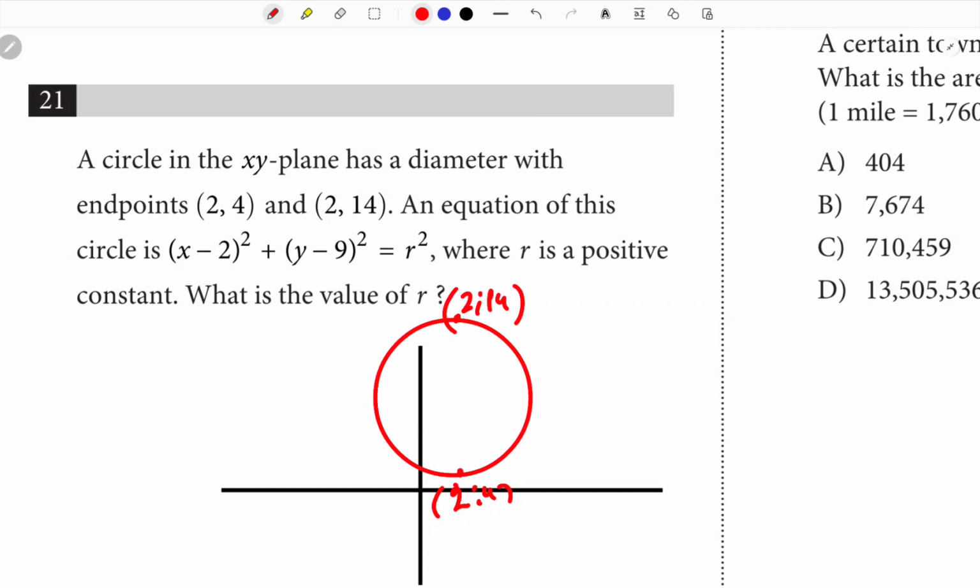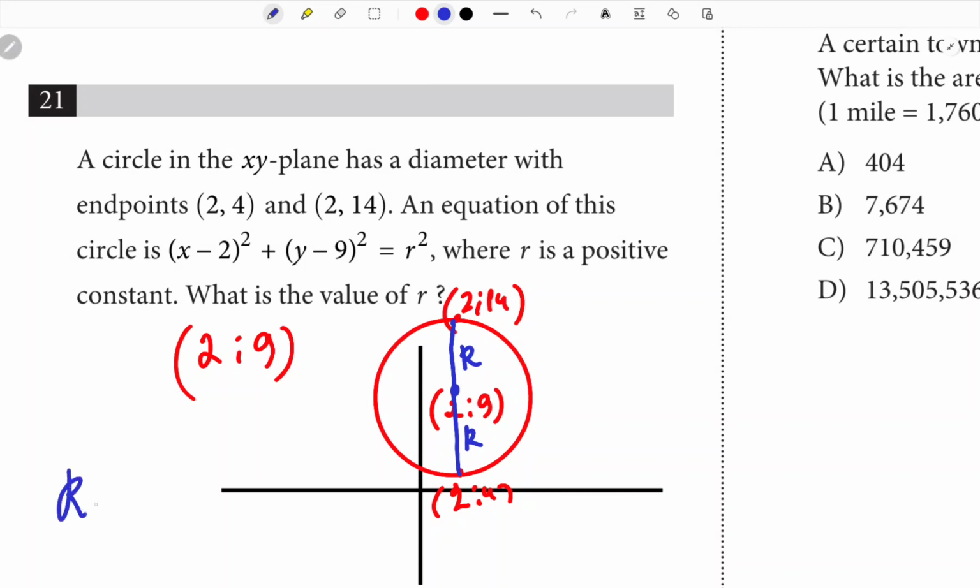Okay, and the midpoint of the circle is 2 and 9. So here 2 and 9. What is the r? Okay, it's the midpoint. That's why you look at here. This side and this side show that the radii are equal. So whichever one you choose, it doesn't change.